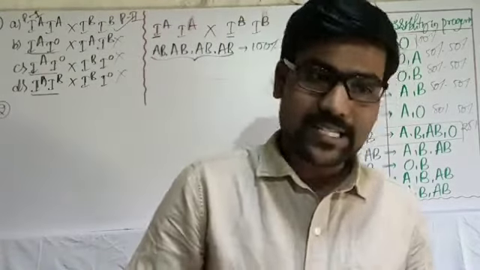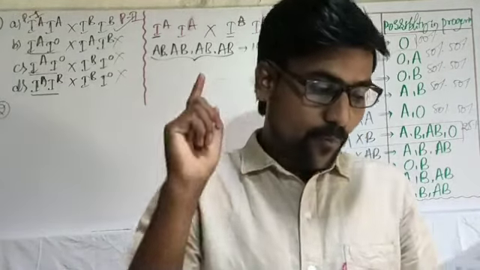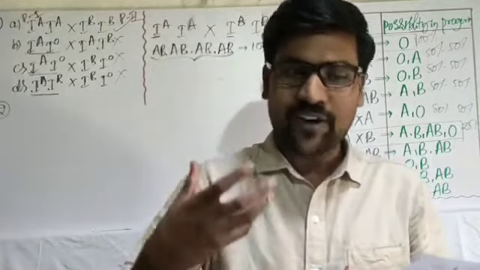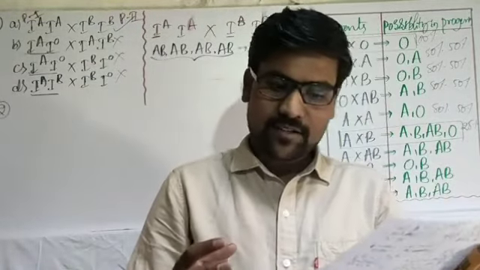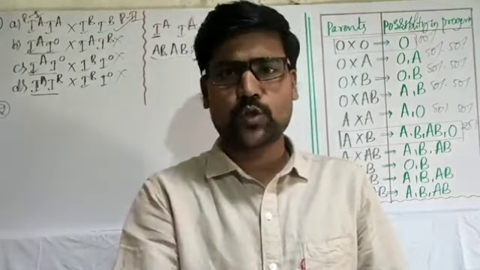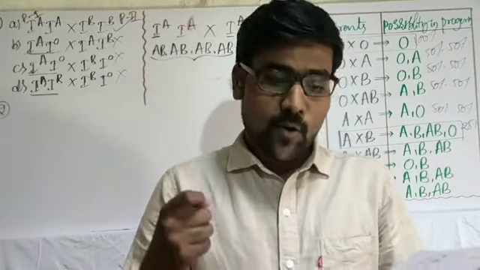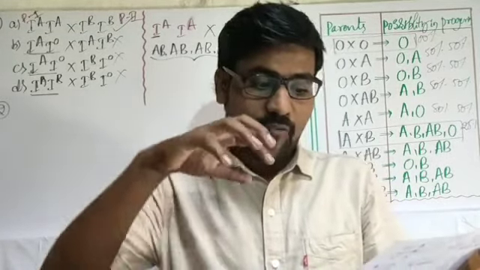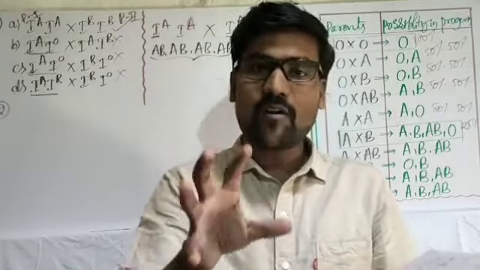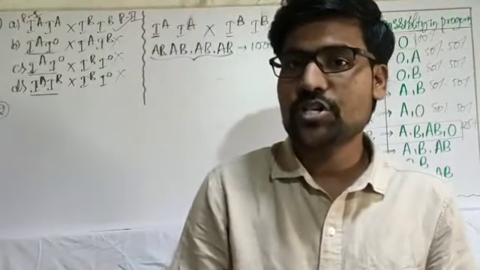So what is the second one here? If both wife and husband, both parents, have AB blood group, already they have mentioned AB means that is only heterozygous, not homozygous. Both wife and husband AB blood group, what is the chance of their first child being of blood group AB? See the question, what is the question?